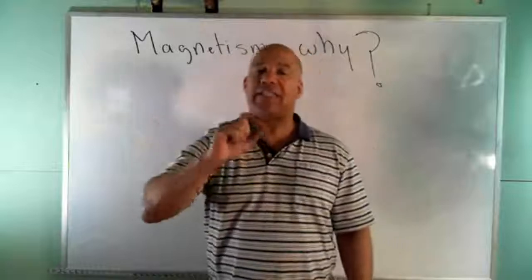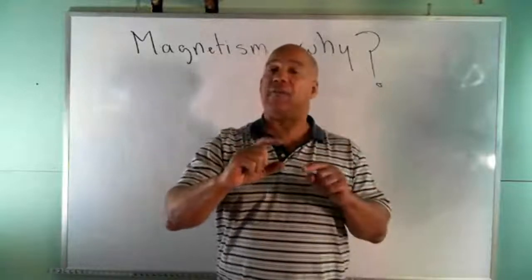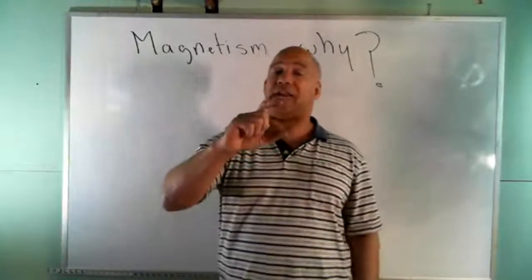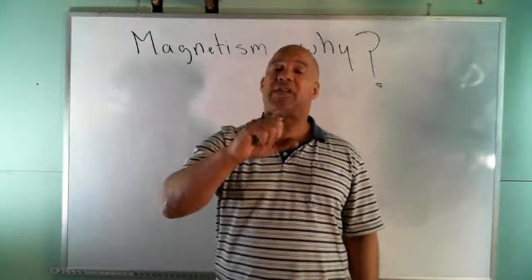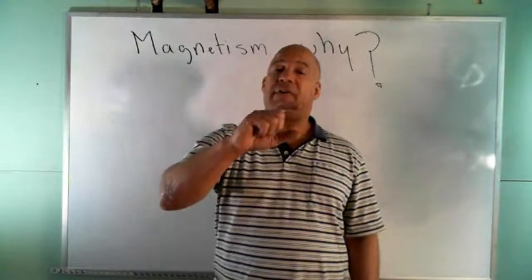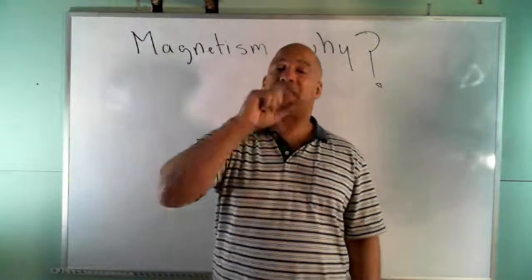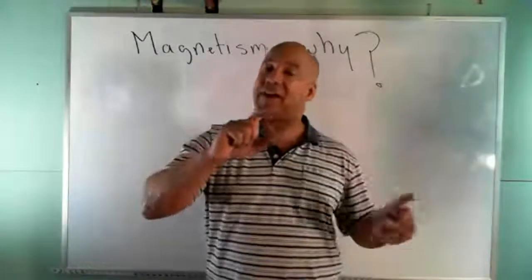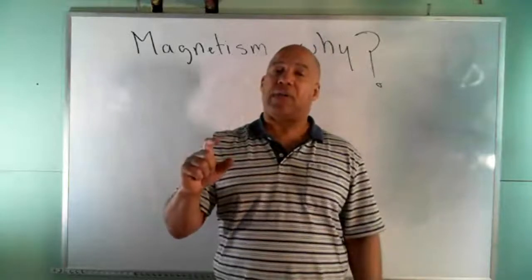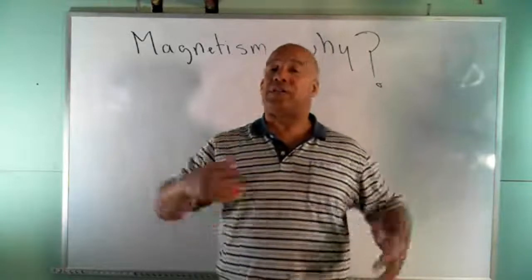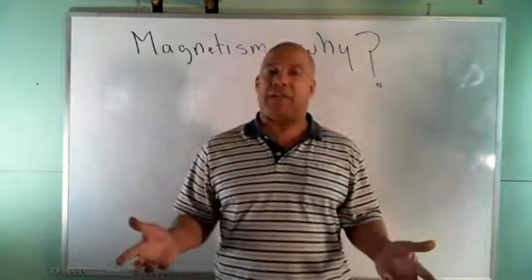If I have charge and it's stationary, I have an electric field. All charge, whether it's positive or negative, has an electric field. But if that charge is stationary, I have only an electric field. If I take the charge and I move it, I still have the electric field, but now I have a magnetic field associated with it. So any moving charge creates a magnetic field.